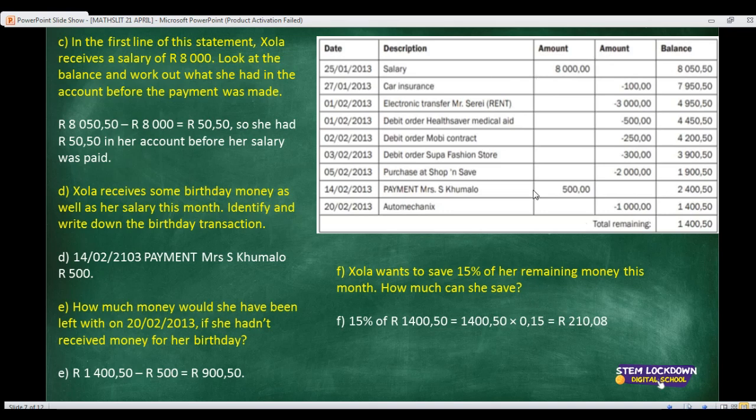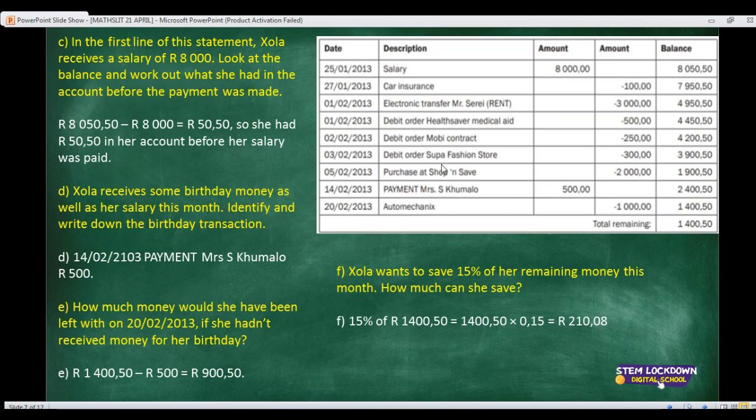If we are requested to work out a balance for the 3rd of February, then you go for the balance of the 2nd of February, subtracting the expense that happened on the 3rd. And if there was an income, you would add the income which was received on the 3rd. So you will always work with the two days: the last date, which was the closing balance, and then the new date's opening balance.